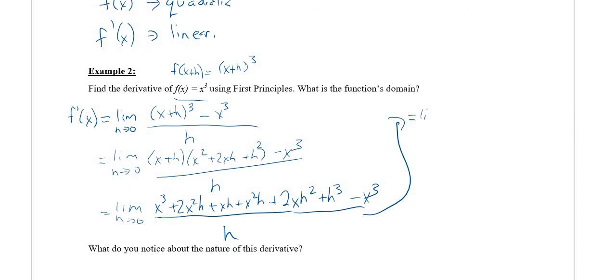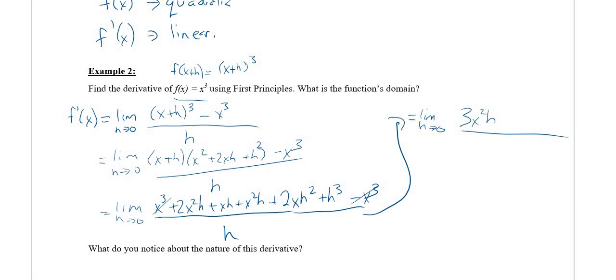Again, remember to keep writing your limit definition at the very start because we haven't gotten rid of that. So now let's clean this up a little bit. The x cubed and the negative x cubed at the start and the end, they cancel. We're going to have 3x squared h.